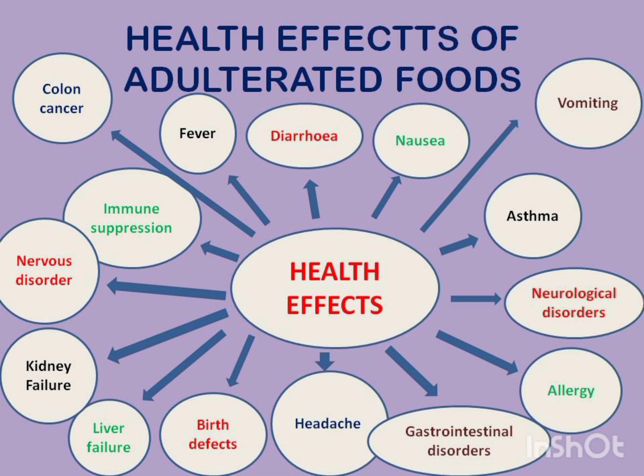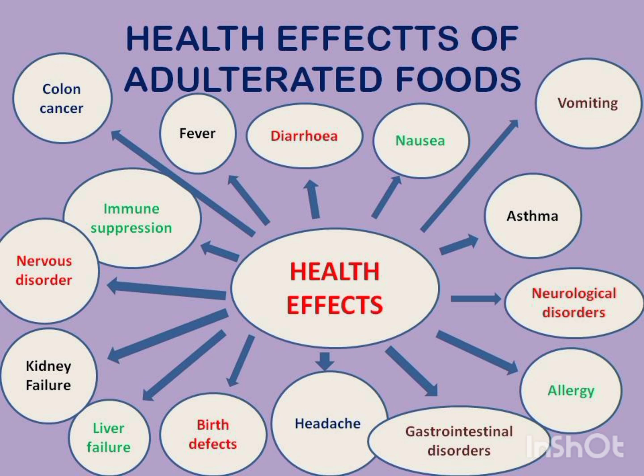Now we shall see what the health effects of adulterated food are. If we consume these adulterated foods, it will cause great health hazards. First we'll get some simple symptoms such as fever, diarrhea, and vomiting.